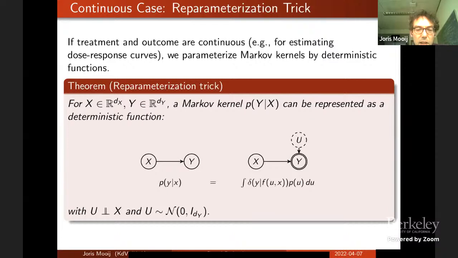Graphically, it looks like this. If we have this Markov kernel, P of y given x, then we can represent it as y being a deterministic function of x and some independent noise variable u, where we can assume that u has a multivariate Gaussian distribution in the same space as y.